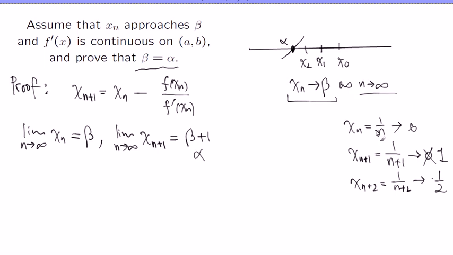So what happened to 1 over n plus 1? 1 is not the correct answer, right? Where does that go? It's 0. Correct. How about this one? 0, right? They're all going the same place.